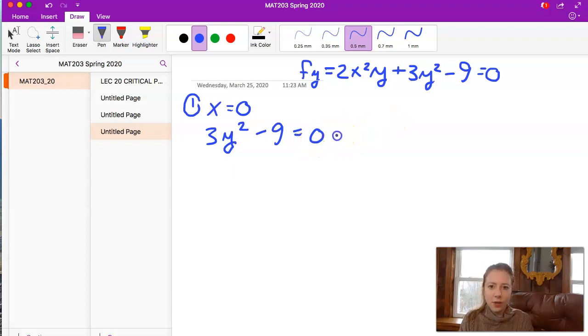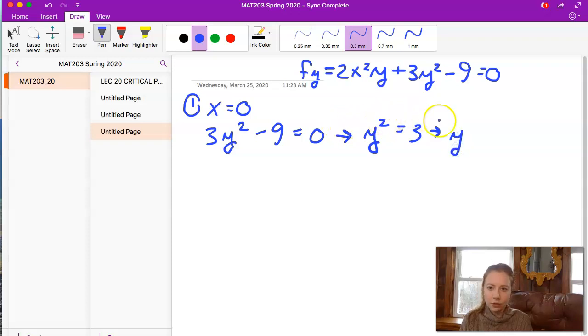All right, so we can solve that and we find a critical value for y at y squared equals 3. And so that tells us that y is equal to plus or minus the square root of 3. So that is our value of y when x equals 0.